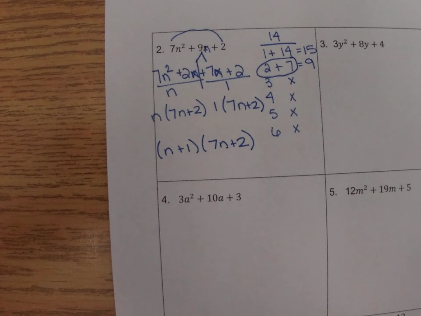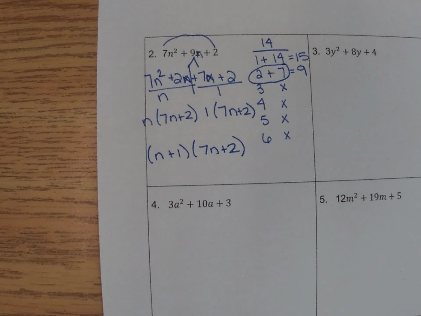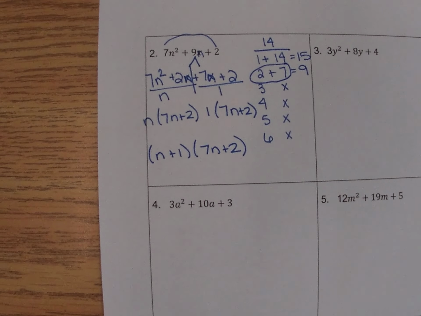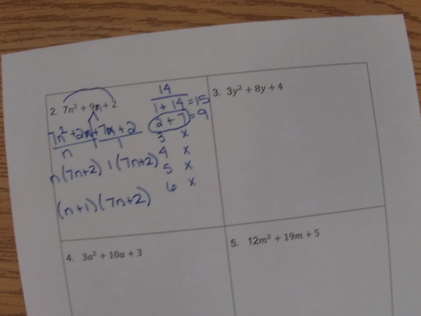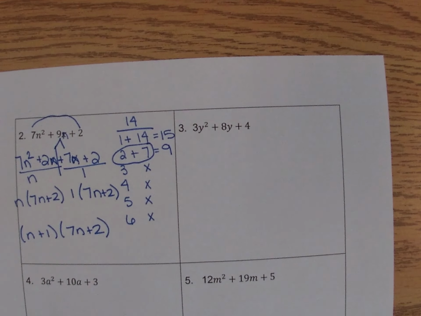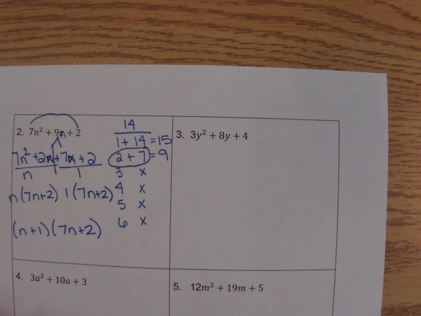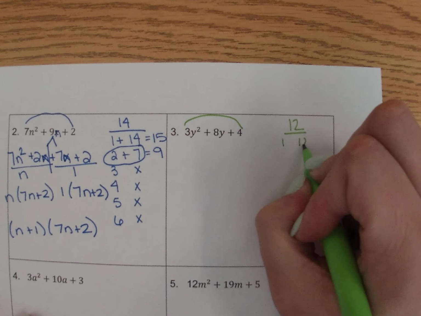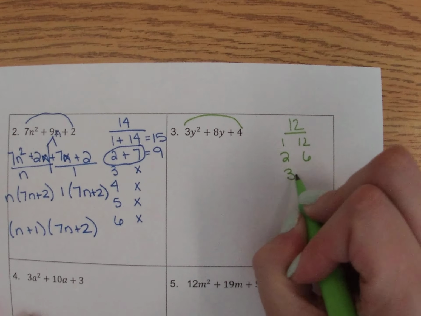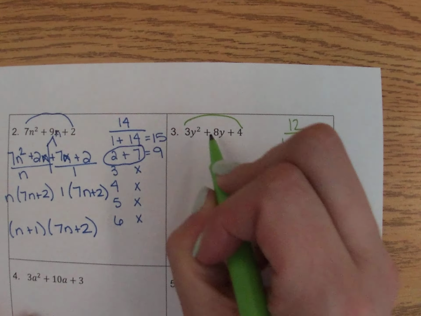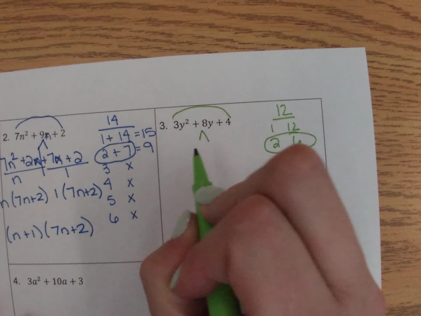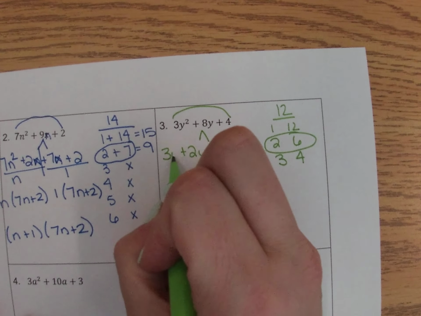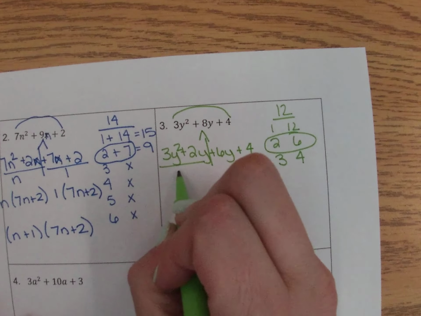Now, I would really suggest at this point that you pause the video, go through and do the remaining problems, and then check your answers. So I'm going to go through these last ones sort of quickly. Again, I think it'd be a good idea to pause, try and do some on your own, and then check the answers. So here we go with 3. 3 times 4 is 12. So 2 and 6 is going to add up to B, which is 8. We're going to factor by grouping.